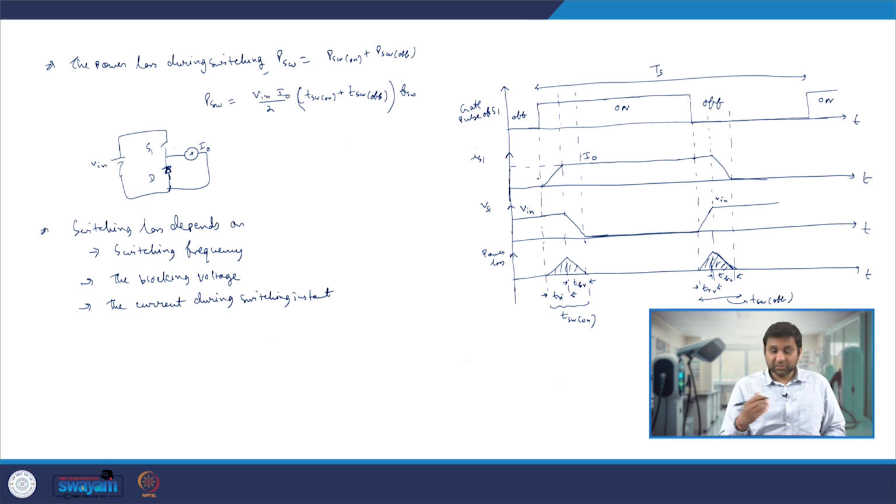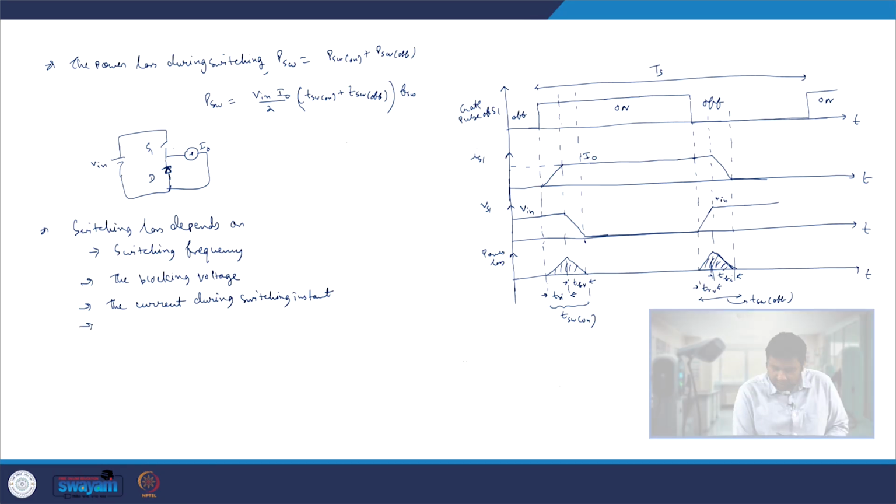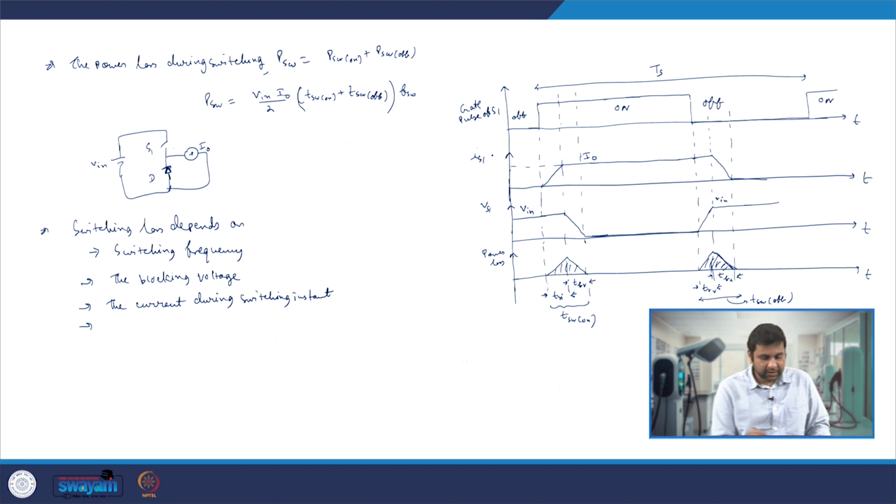Here we have assumed that this current is constant, I naught. If it has a ripple, then that ripple component also has to be added into the current, because when it is turning on, the current through the inductor will be rising, since we are applying the positive voltage across the inductor, and whenever it is turning off, we are applying minus V naught across the inductor, and that is when we have falling current.